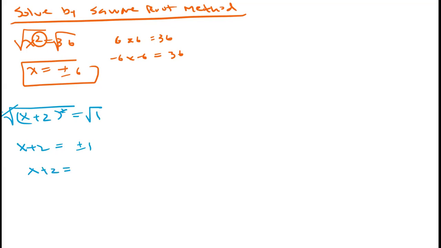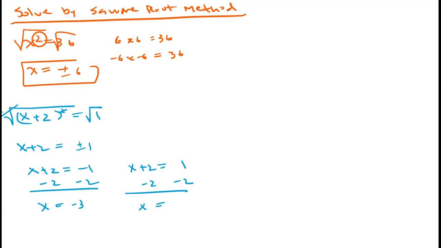We're going to have x plus 2 equals negative 1, and then x plus 2 equals positive 1. So we'll have two separate equations. We just subtract here on the left side, so we have x is equal to negative 3. On the right side, we also subtract and we get x is equal to negative 1. So those are our solutions there.